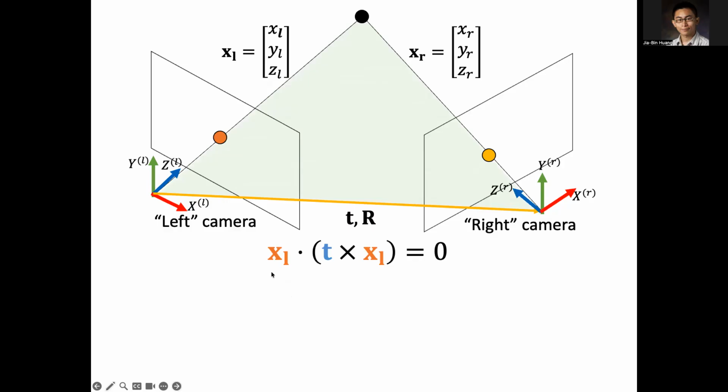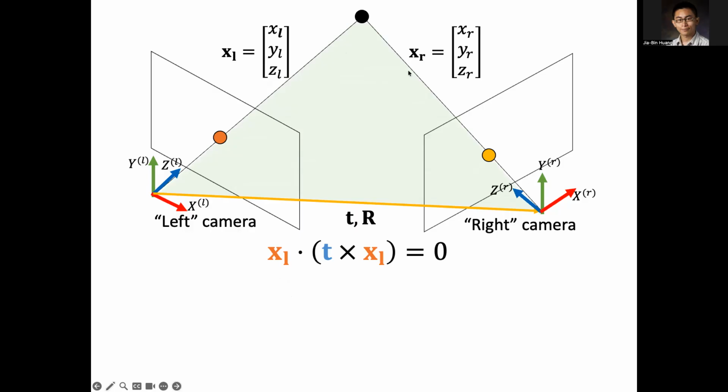If I take the translation vector T and take the cross product between T and XL, you get some vector that's perpendicular to this 3D plane, right?